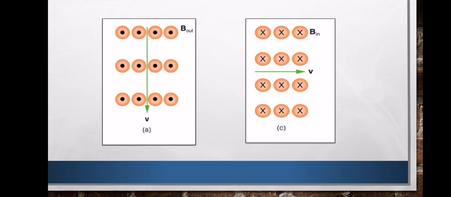Now, in letter C, since we have the X, the magnetic field is moving away from us, so we should point our fingers toward the screen or toward the paper, and the direction of the velocity is going to the right.